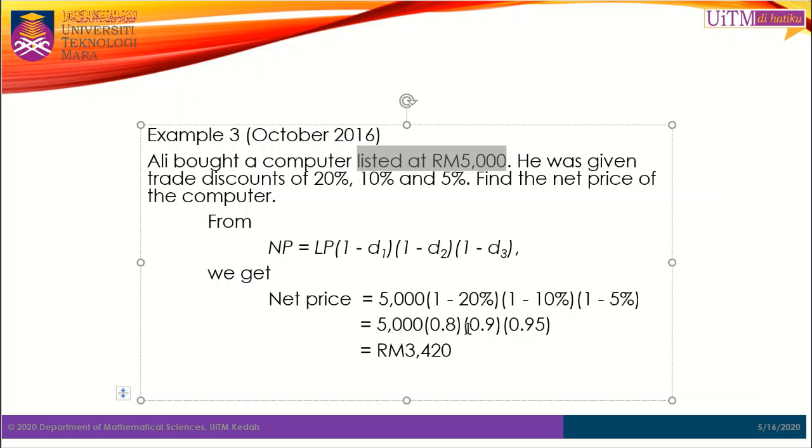So you get 5,000 multiplied by 0.8, multiplied by 0.9, and multiplied by 0.95. Calculating the final answer, the net price is equal to 3,420. This is how you find the net price using the direct formula, NP equal to LP (1 minus D1)(1 minus D2)(1 minus D3).